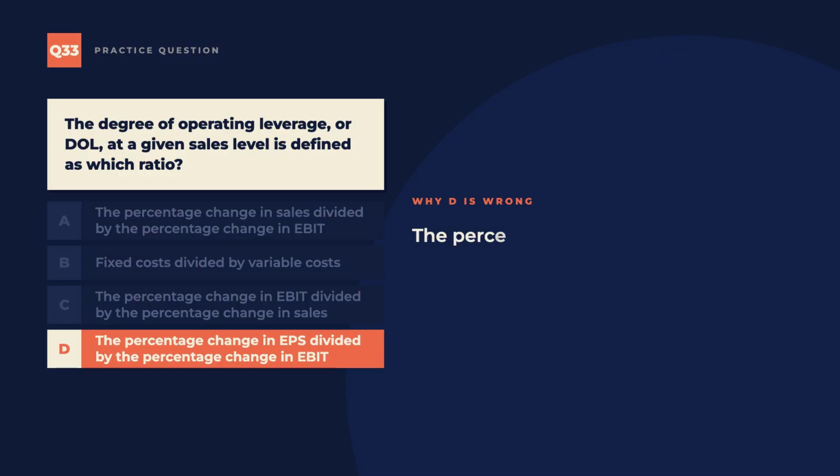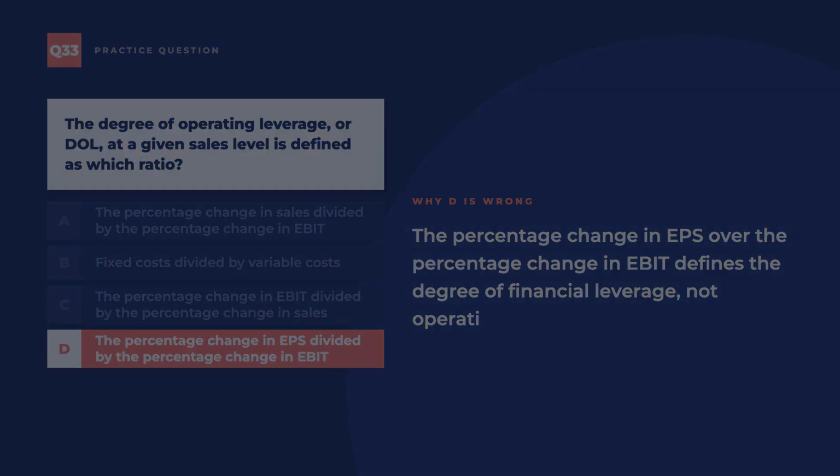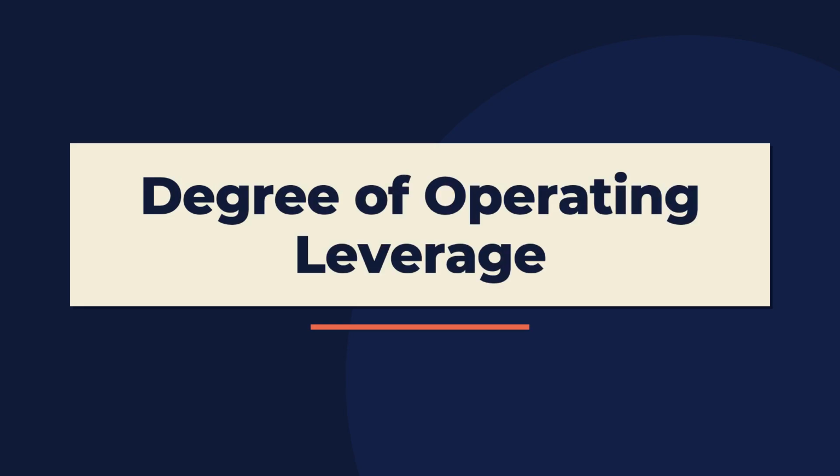D is wrong because the percentage change in EPS over the percentage change in EBIT defines the degree of financial leverage, not operating leverage. Fixed costs magnify operating profit, but the degree of operating leverage turns that idea into a precise number. It tells us exactly how much operating profit moves for every 1% move in sales.